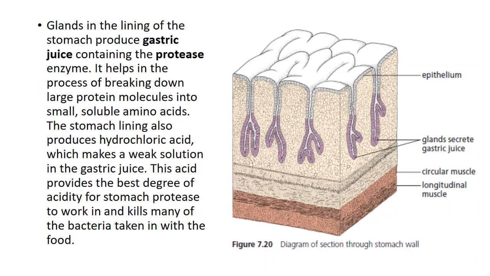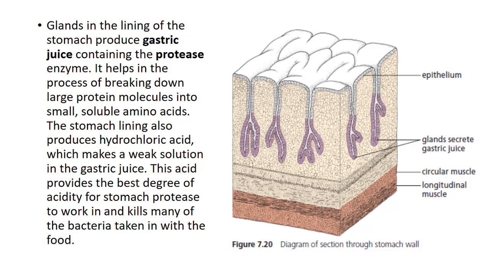There are glands in the lining of your stomach walls, which are made of epithelium cells. In the lower side of those epithelium layers we have glands which produce gastric juices. Gastric juices, guys, we need for digestion in our stomach.